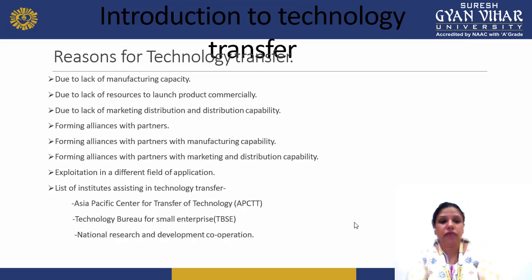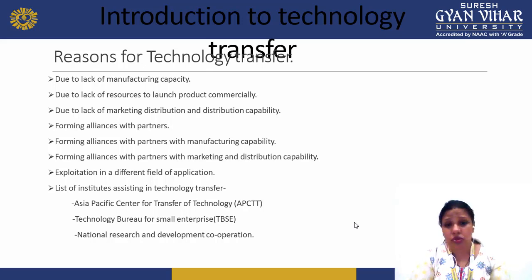Now the third reason for technology transfer is due to lack of marketing and distribution capabilities. Obviously, again we need to transfer the technology. If we lack marketing or distribution capacity or capability, we need to transfer it from one place to another.